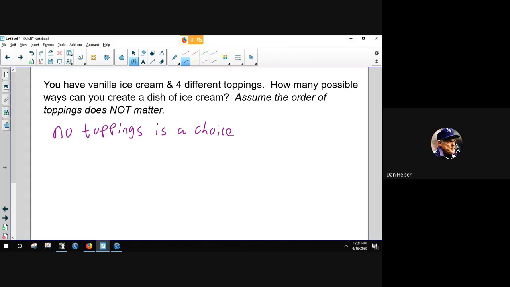That is possible. There's one way to do that. Put some vanilla ice cream in a bowl, start eating. One way to do that. We could choose one topping. And we have 4 choices, 4 ways to choose one topping.